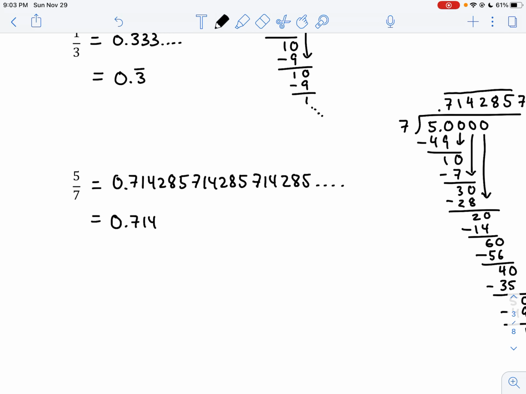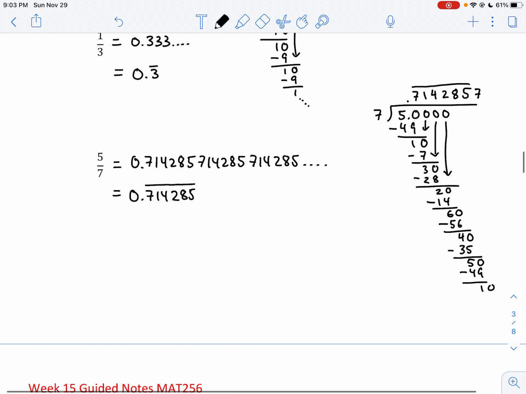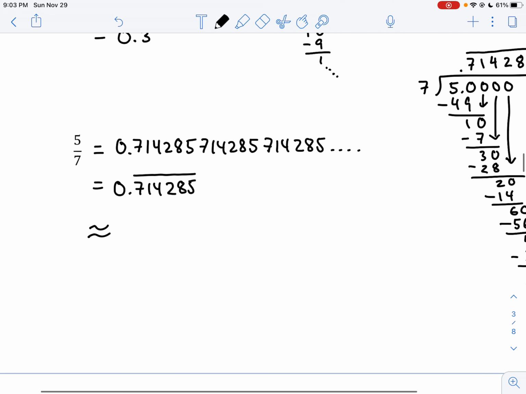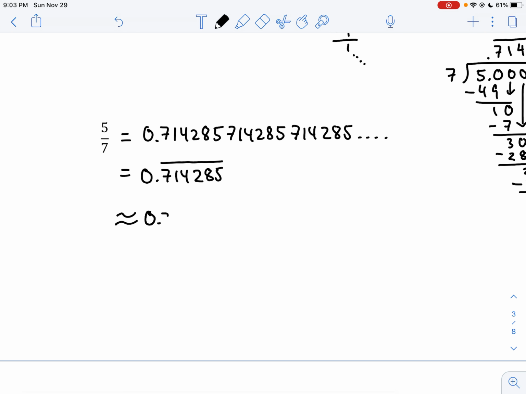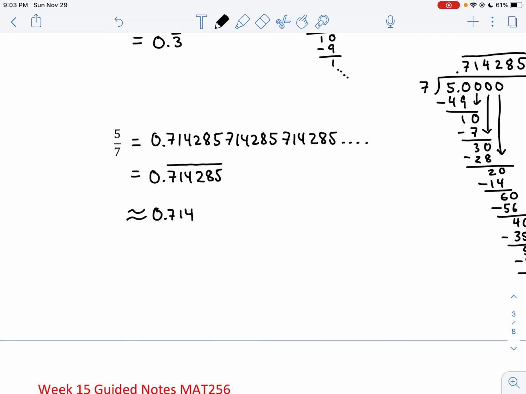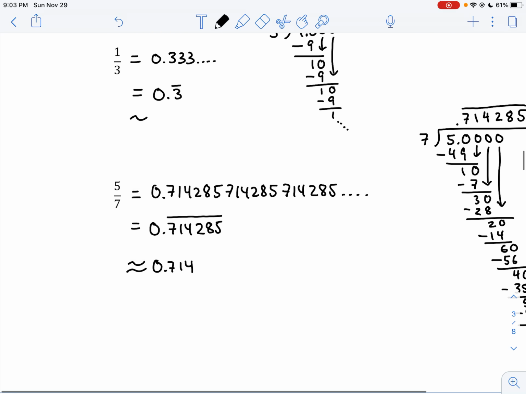And the way to establish that is to put the bar above 714285, the part that repeats. And if you want to approximate, you can use a wavy equal sign and say it's close enough. It's about 0.714. And if you want to stop the decimals, you can use an approximate equal sign.